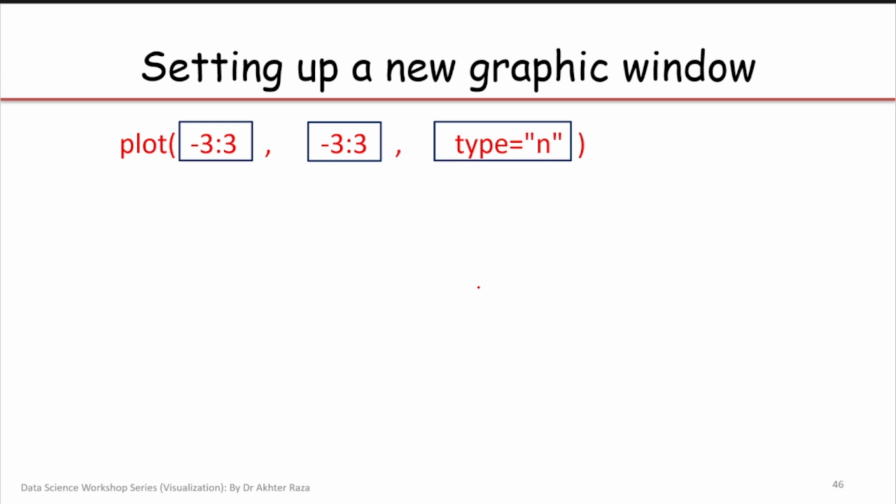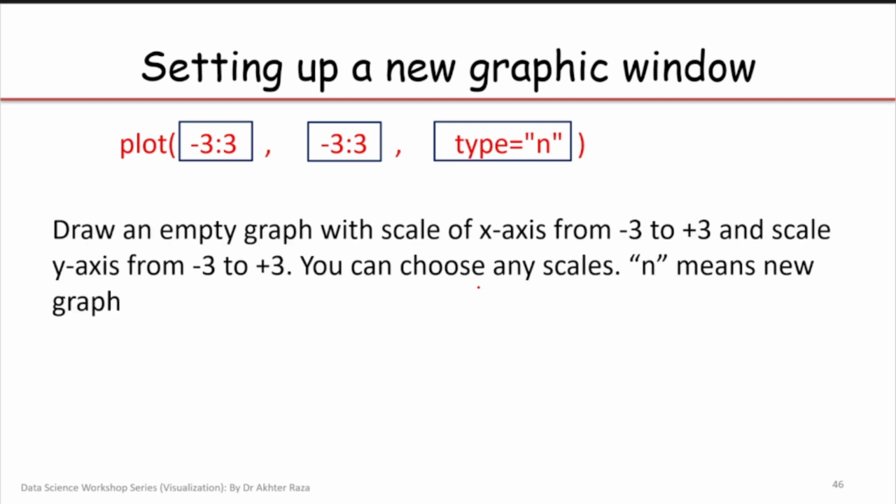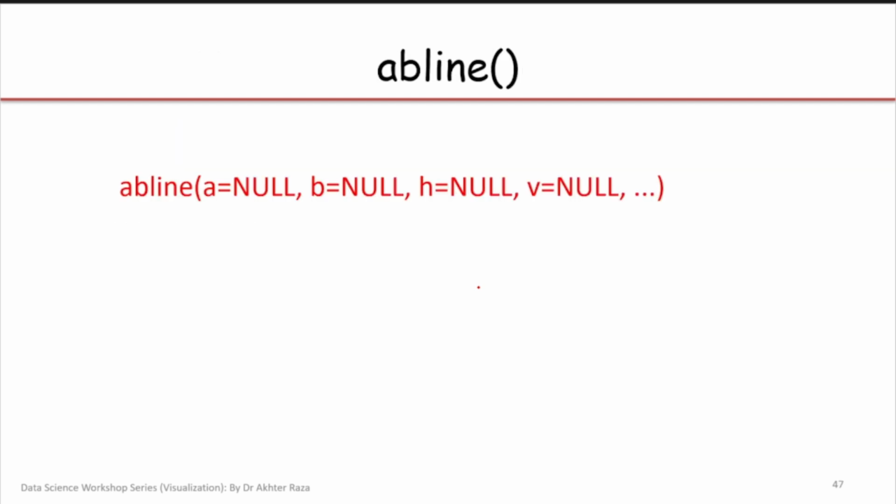So within the scale we can put a circle, we can put a rectangle, we can draw anything else, or we can write down any text in between these two scales. To draw an empty graph with the scale of x-axis and y-axis in between -3 and +3, a new blank window will be displayed on the screen.